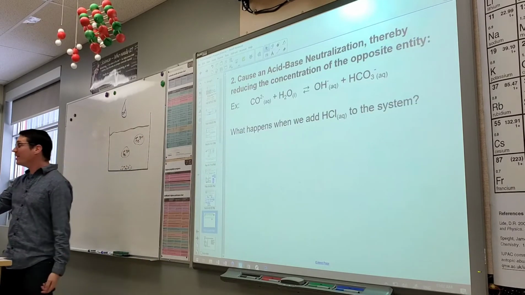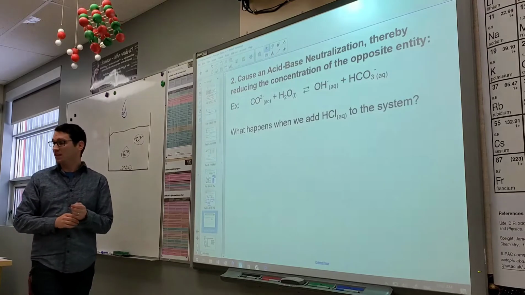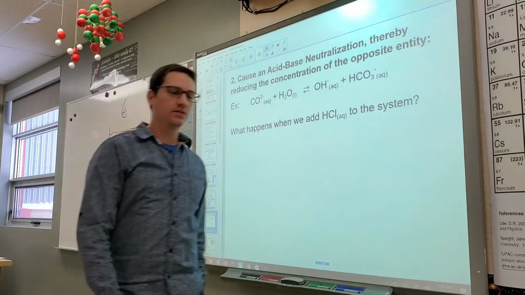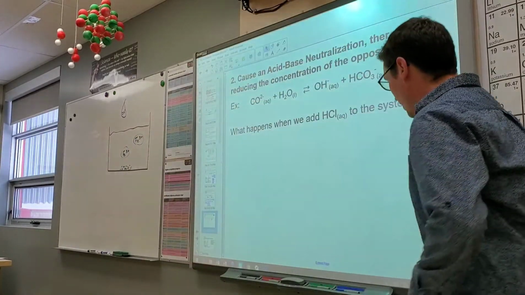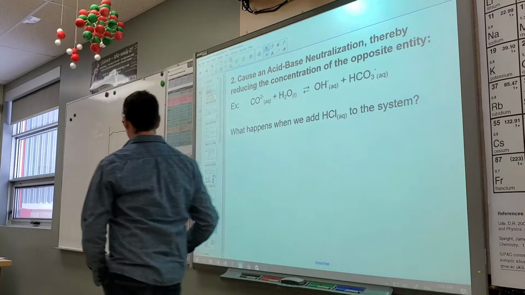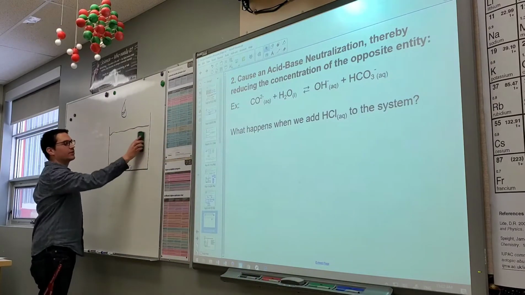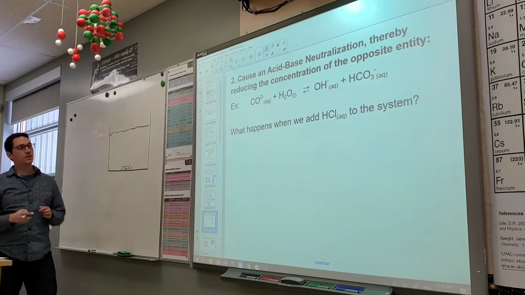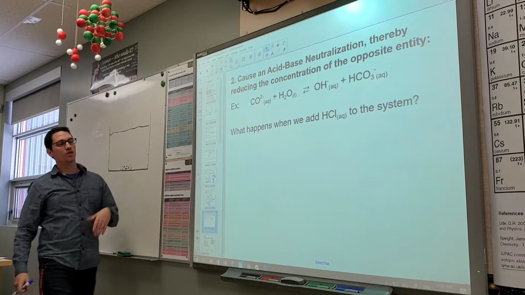That's not the only way we can remove something, right? I can cause a precipitate and that'll remove something. I could also do an acid-base neutralization. Instead of iron 3+, let's say I had some sort of an acid or a base.